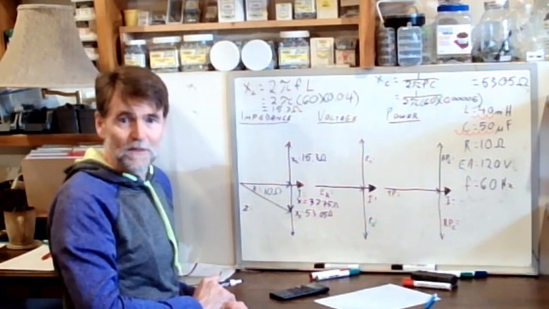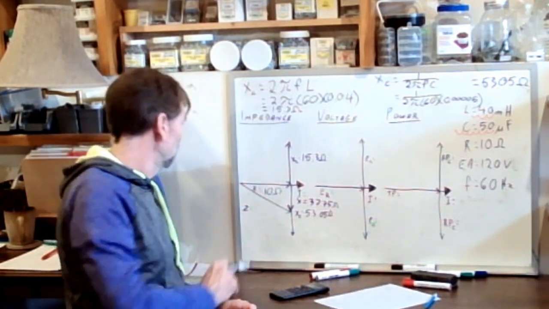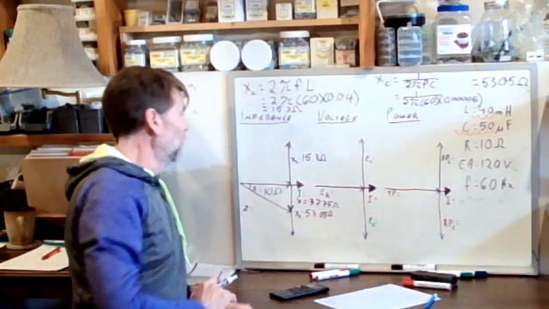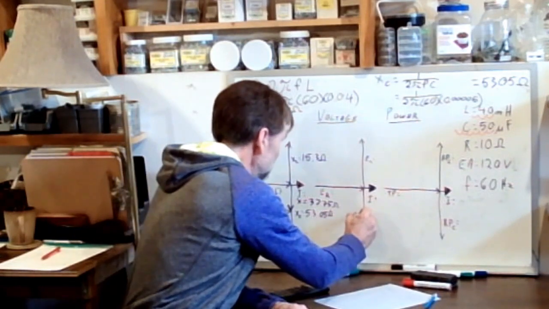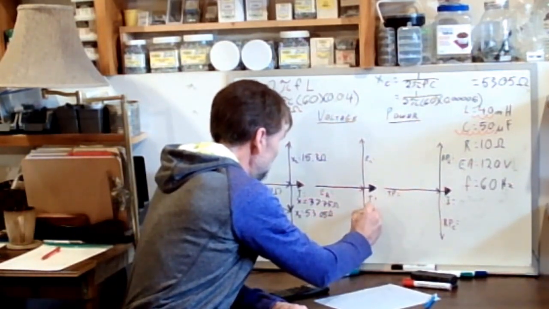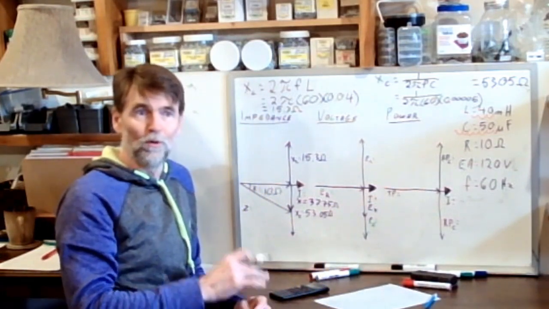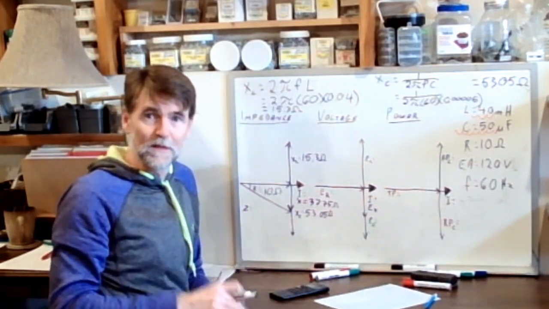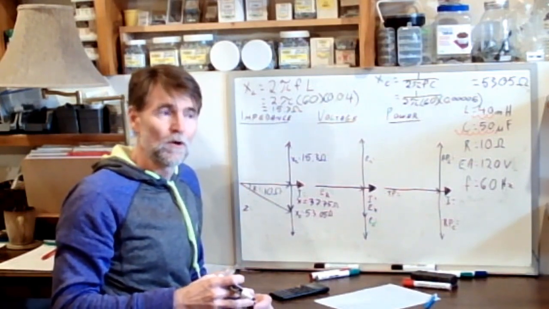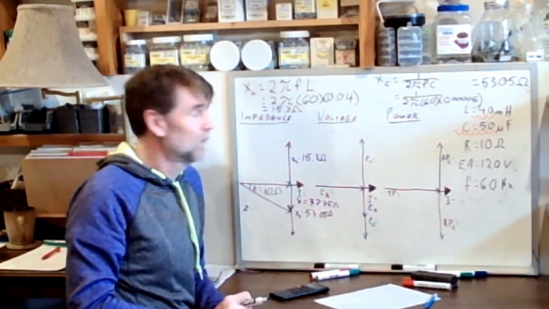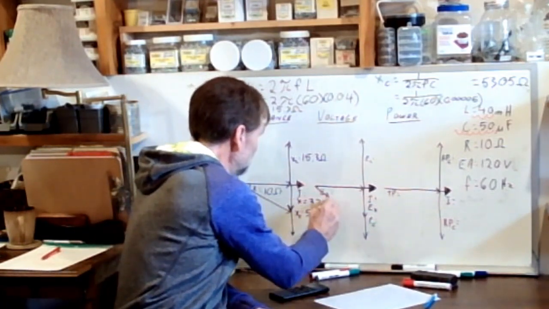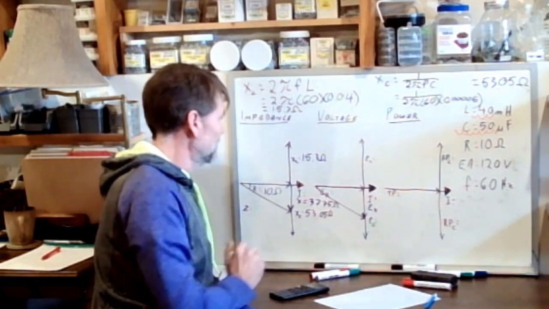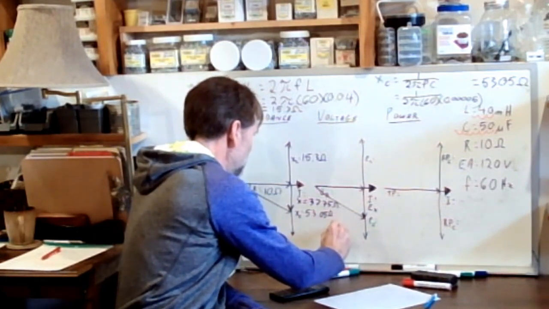So there's where Z goes in our circuit. And I'm going to be able to figure out what the angle is going to be. And over here, I can draw an arrow right there and say that this is EX. That is the total voltage dropped across all of the reactance in our circuit, the capacitor and the inductor combined. And then I have a vector here, which is my resultant vector, which is EA.